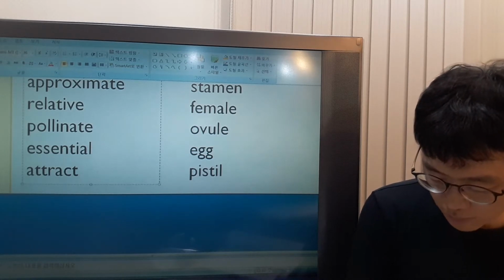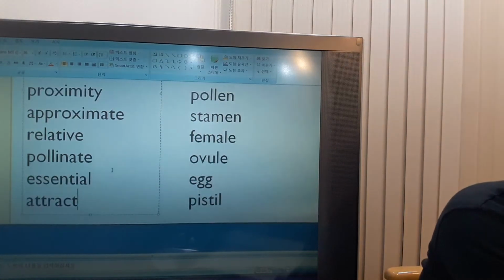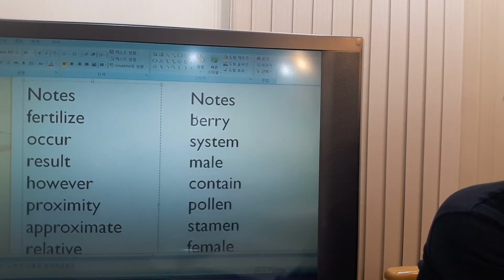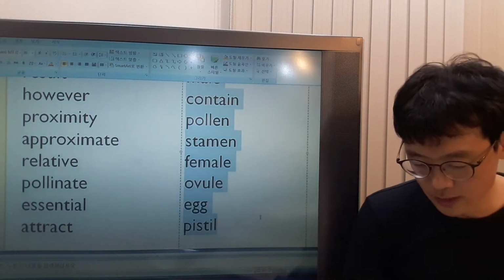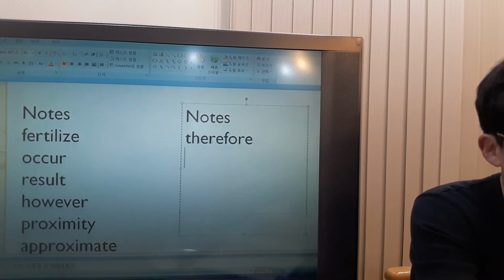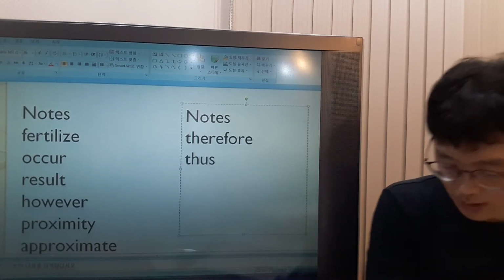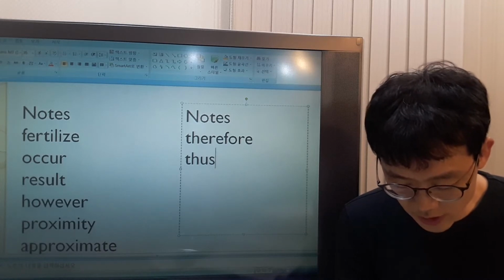These animals can all pollinate plants and therefore, what does that mean? Therefore. Therefore is the formal form of so. So it has the meaning of so. And it's the same as thus, alright? So, enable them to reproduce.